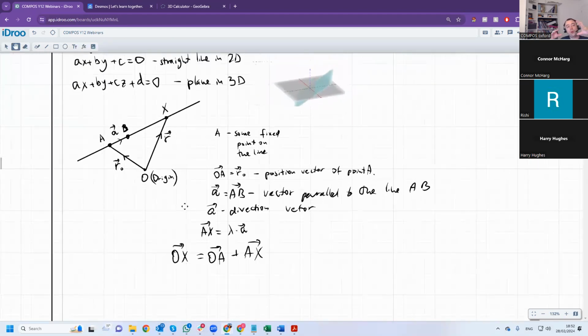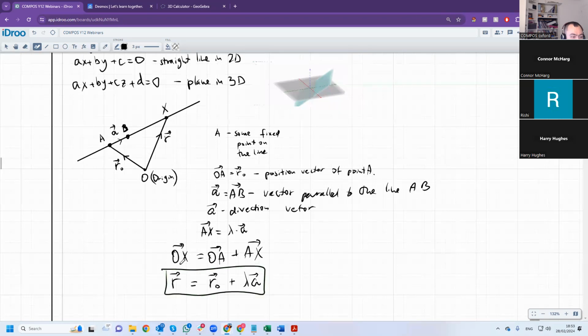And what do we have now? We have that OX is R, and it's equal to R0 plus lambda A. And this is known as the vector equation of a straight line.